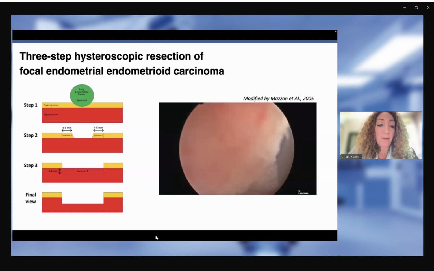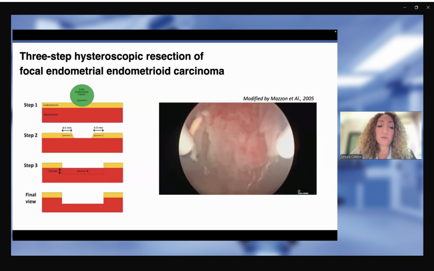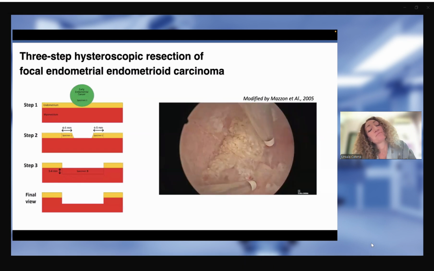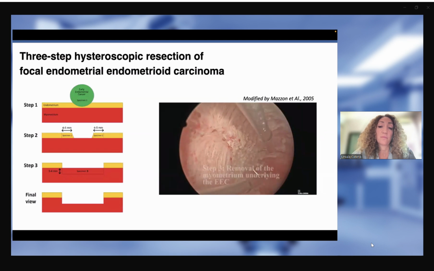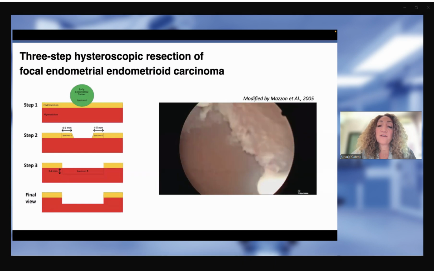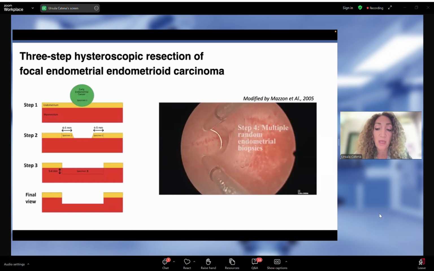The third step is to remove the myometrium under the lesion for 3-4 millimeters. And then we perform random biopsies on the other walls of the uterus.